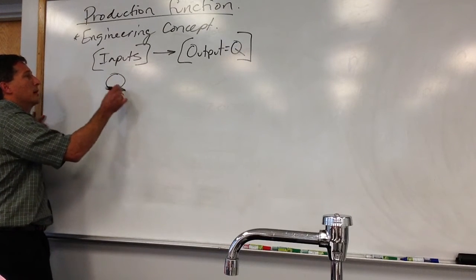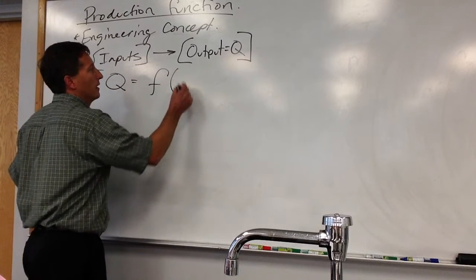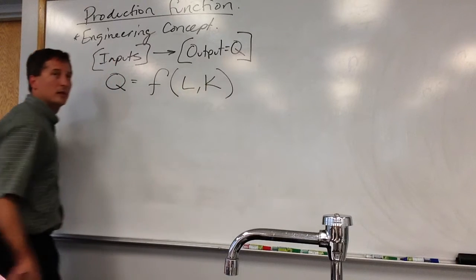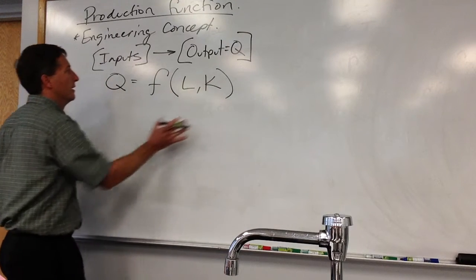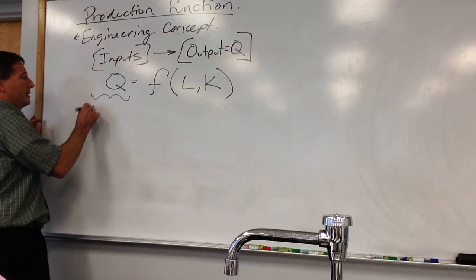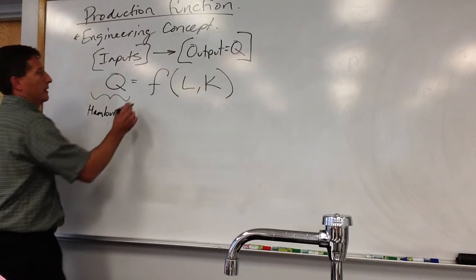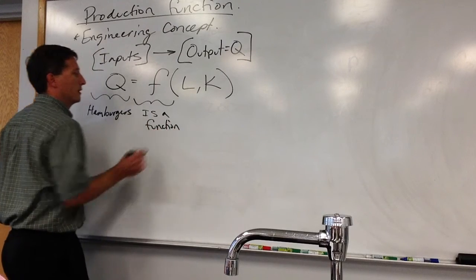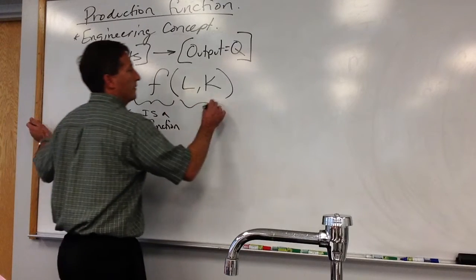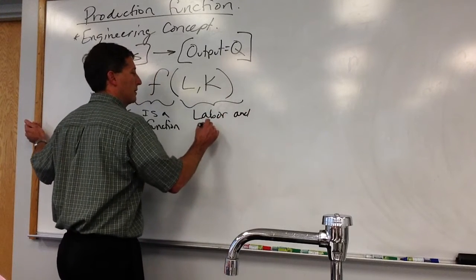The number of hamburgers, the quantity, is some function of labor and capital. This is a generic representation of a formula. We don't have the guts of the formula, we're just showing the concept here. What we're saying is that hamburgers, or output, is a function of our resources, labor and capital.